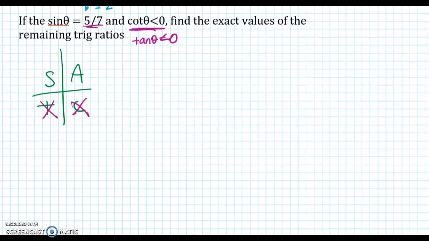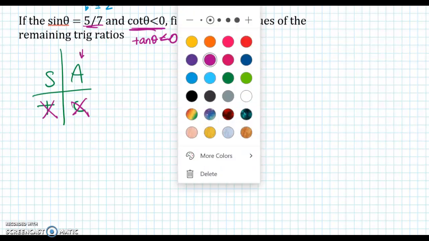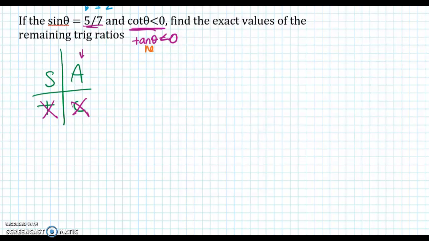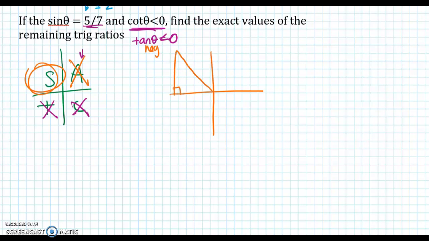If everything is positive in the first quadrant and I want this to be less than 0, that means it's negative, which means that that is out as well. This is the one I want. This particular angle ends up being in the second quadrant.